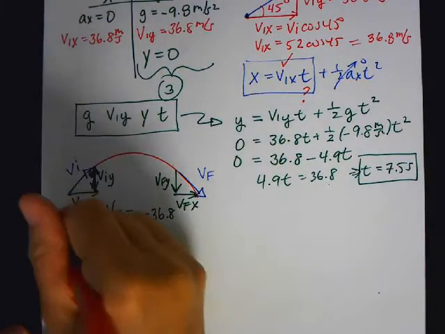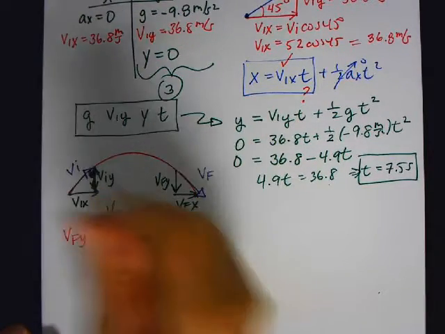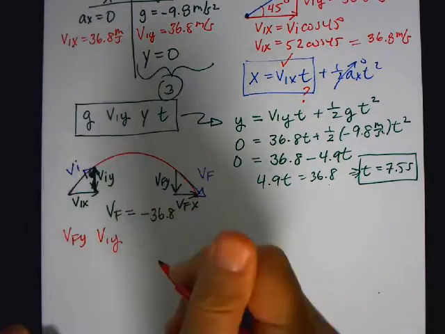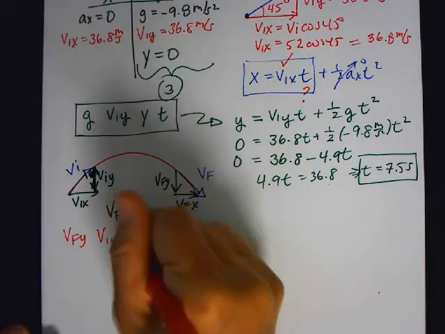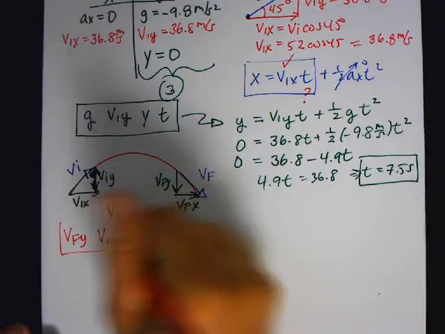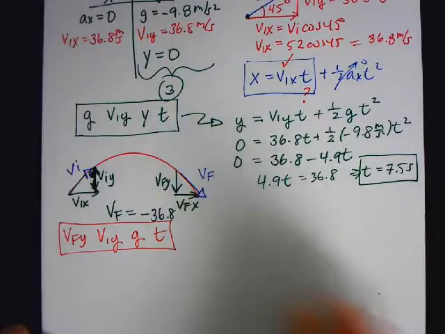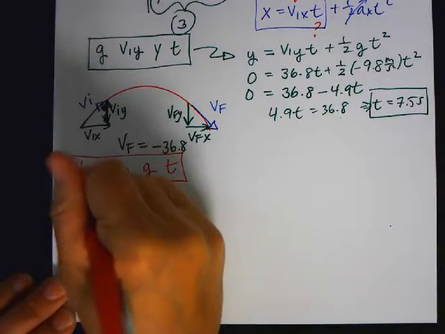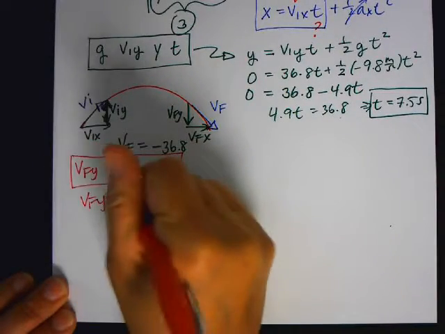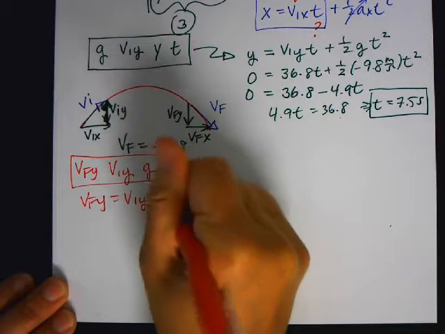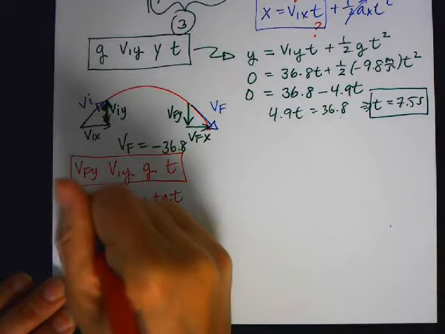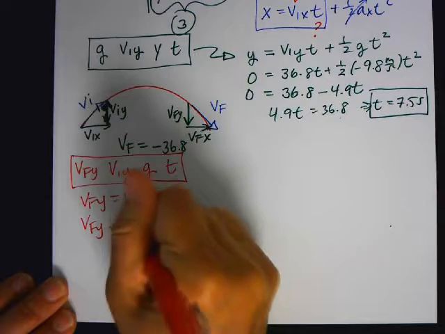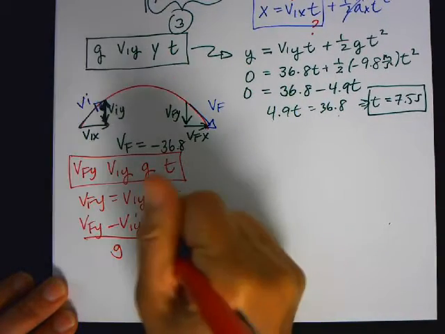So now, if I have VFY, VIY, and G, I can find T using another equation. So that's how we're going to do it. VFY is equal to VIY plus GT. So VFY minus VIY over G is equal to T.